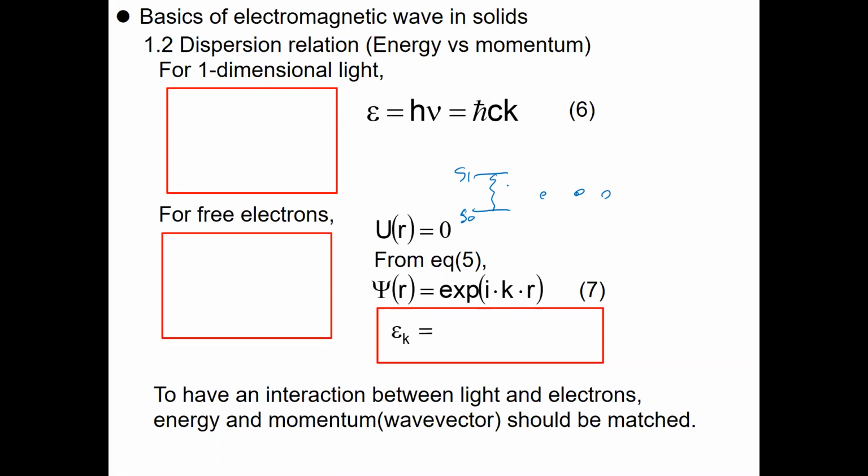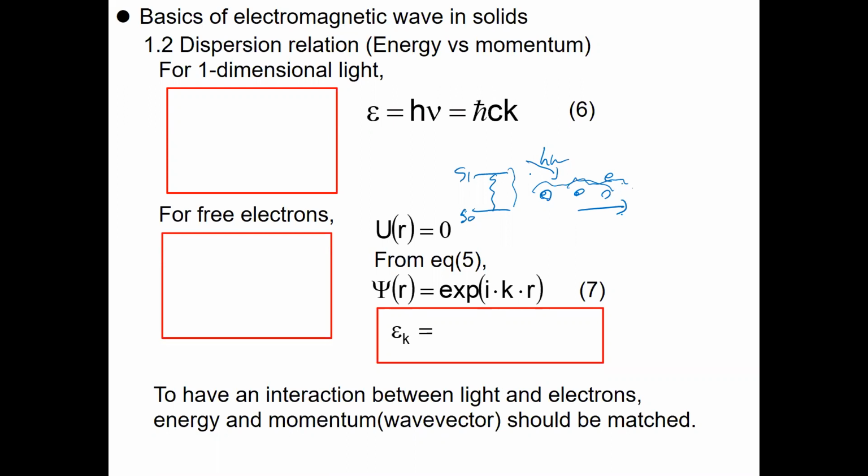But in the case of solid, not only this energy matching, but also the momentum of light matters. There's some electron cloud, and this electron is also a kind of wave. So the electron has some sort of wave number and momentum. The momentum of the electron and momentum of light must be matched too.